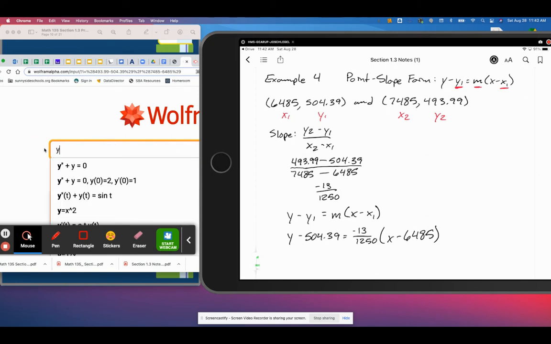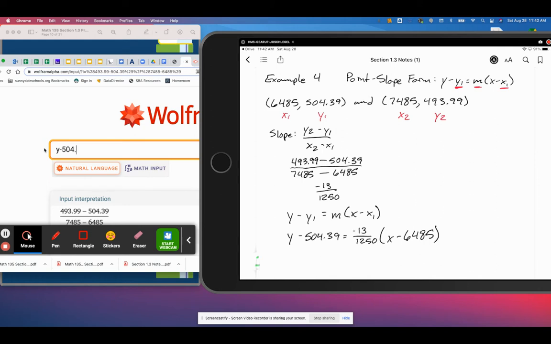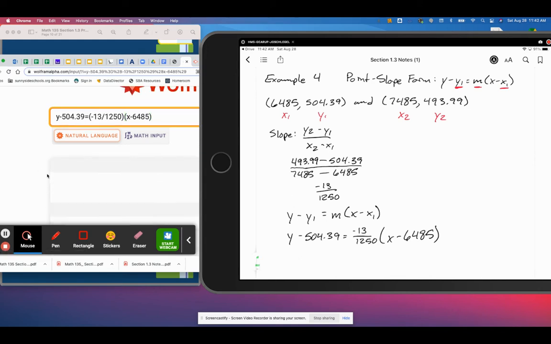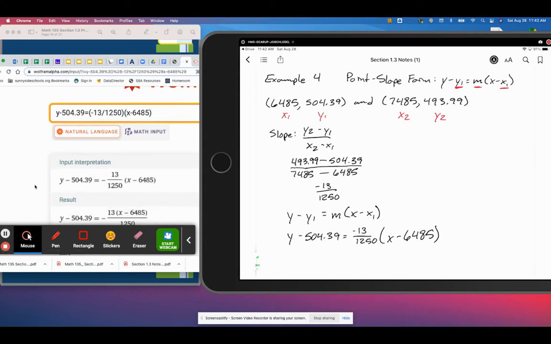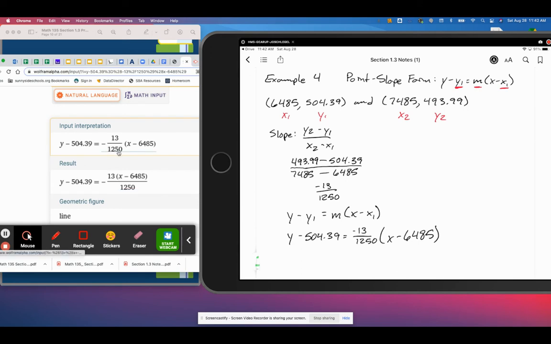And so if we give this to Wolfram, it will actually do the job of changing this into slope-intercept form for us, which will make our lives way easier. And again, I'm always going to check my input line right here to make sure that Wolfram is interpreting what I gave it correctly, and it looks like it is.